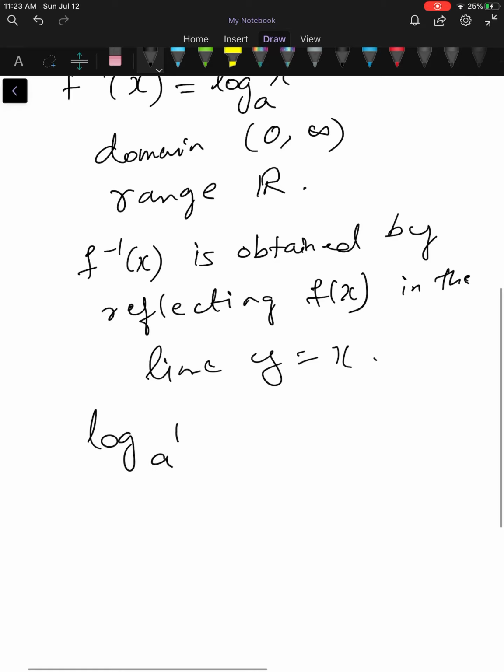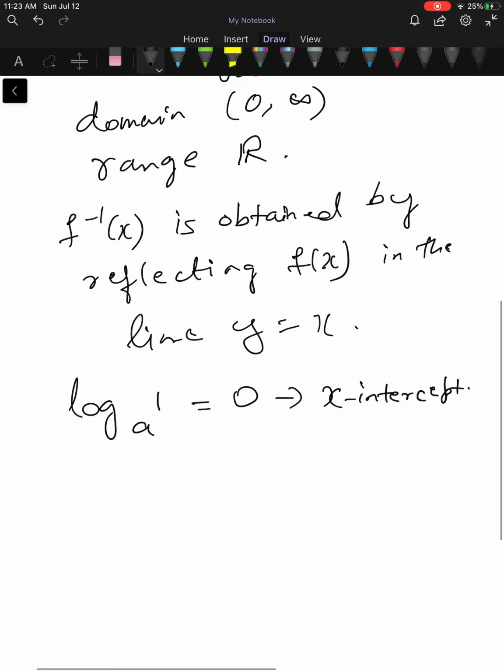Since log 1 to base a, or to any base for that matter, is always equal to 0, this is nothing but the x-intercept.